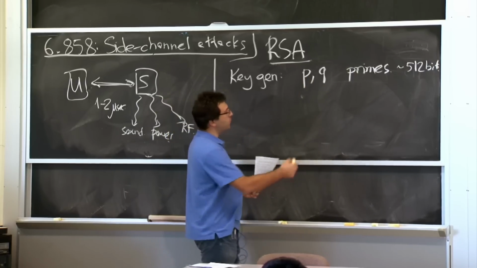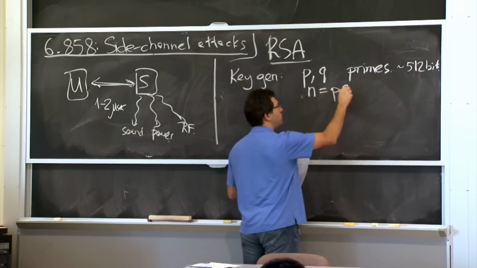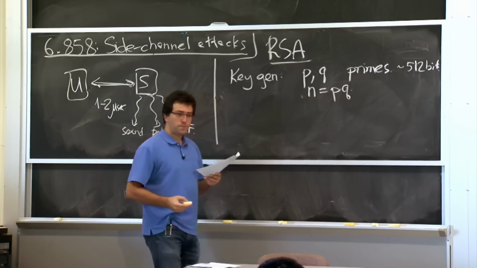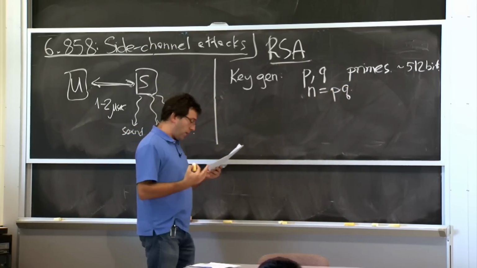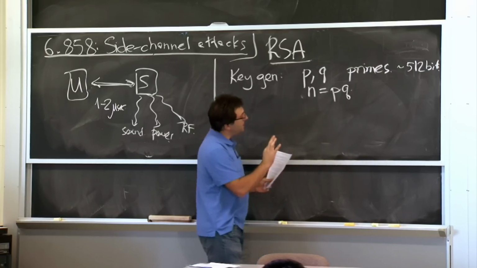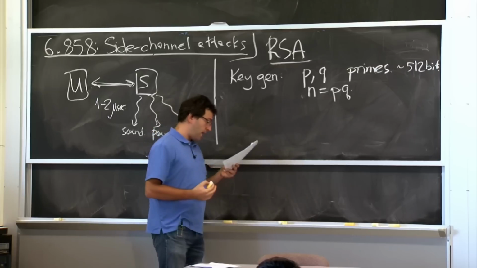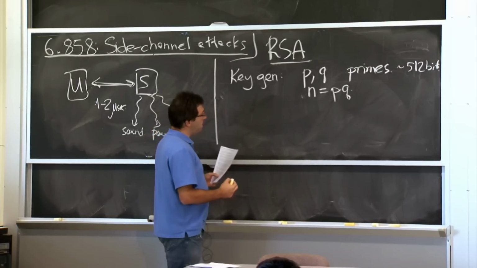And then, for convenience, we're going to talk about the number n, which is just the product of these two primes, p times q. All right, so now we know how to generate a key, or at least part of a key. Now we have to figure out how we're going to encrypt and decrypt messages.